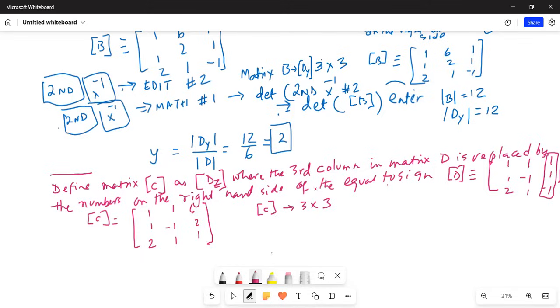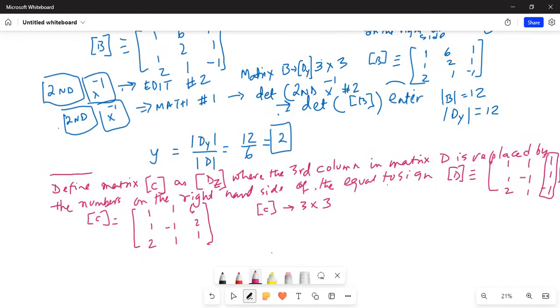3 by 3. Now switch it off and then again put it on. Now again second x minus 1, highlight math, then number 1 determinant. Then inside the determinant, second x inverse, and you are going to put matrix C there.